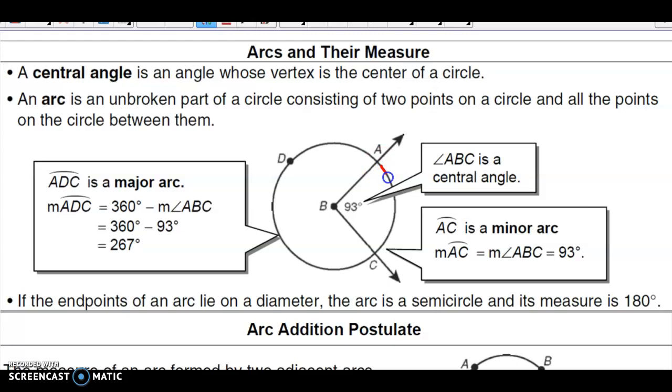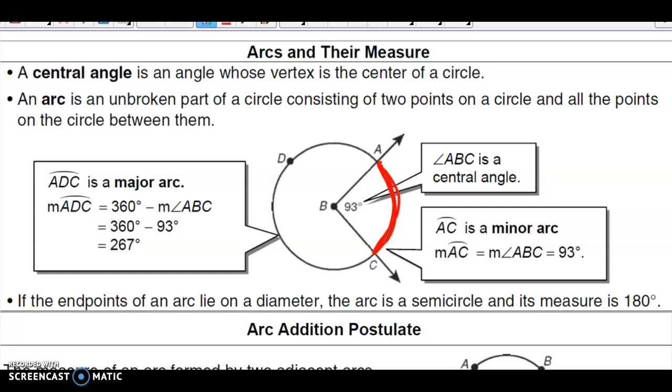Basically, that's what we call an arc. We have point A here, and all the points from point A to point C. So we connect them. That's going to be this arc, which I highlight in red. So this is what we call an arc.